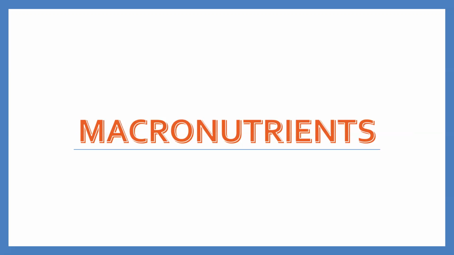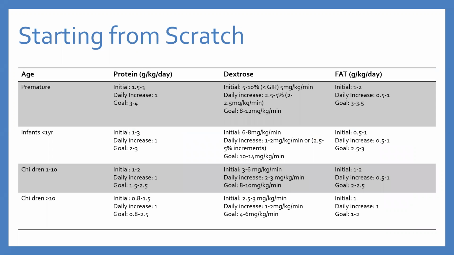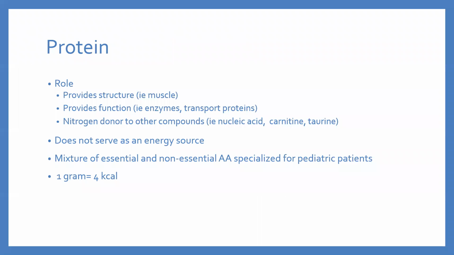When we look at the macronutrients, this is on the back of the TPN sheet, so this is where you could start looking at the protein, the dextrose, and the fat. Your protein is not really an energy source.